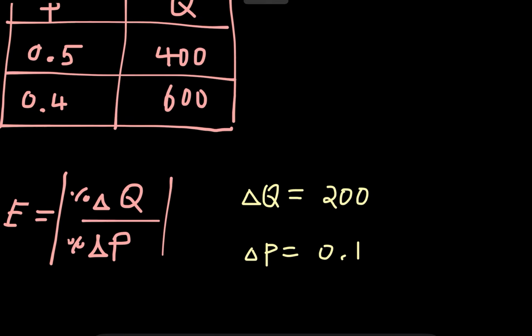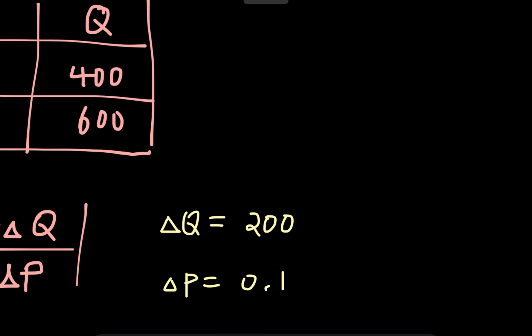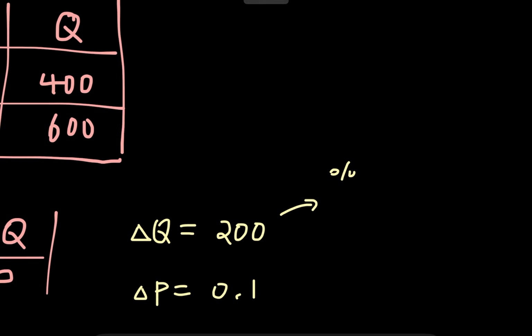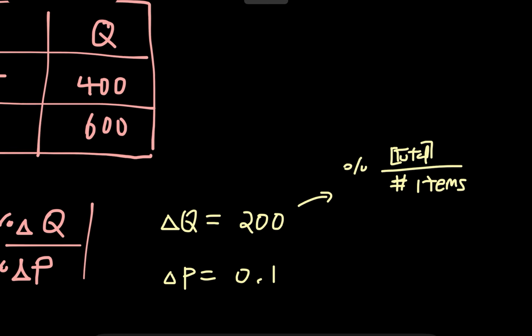Now we have a quantity, and now the percent. Remember, the percent is always the total divided by the number of items. That is basically how you calculate any percentage, so we can apply that to quantity.